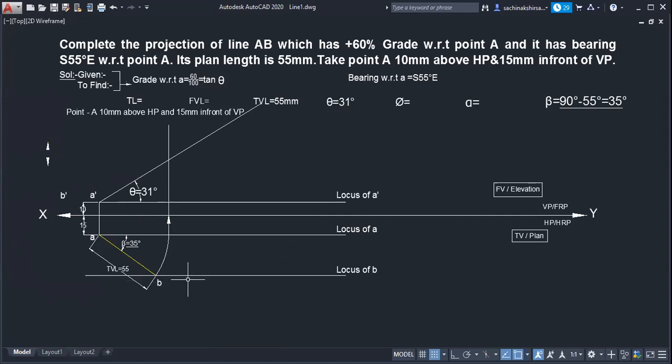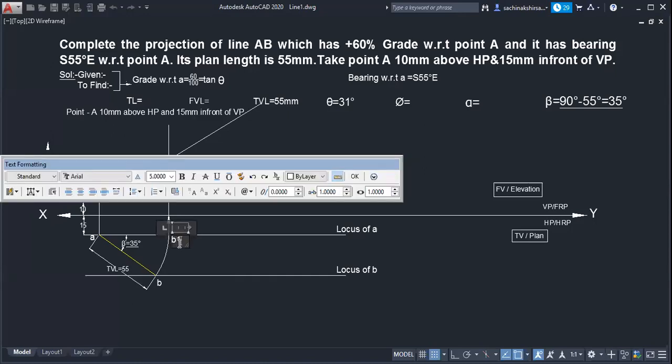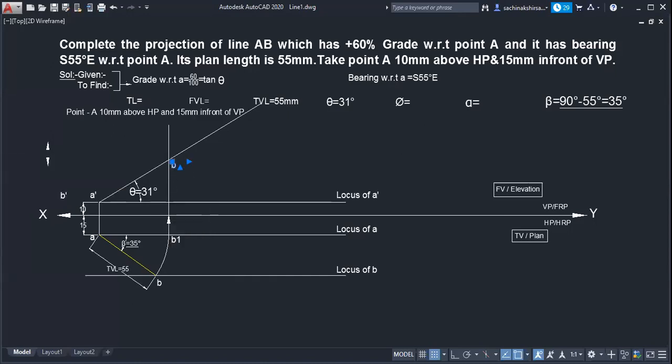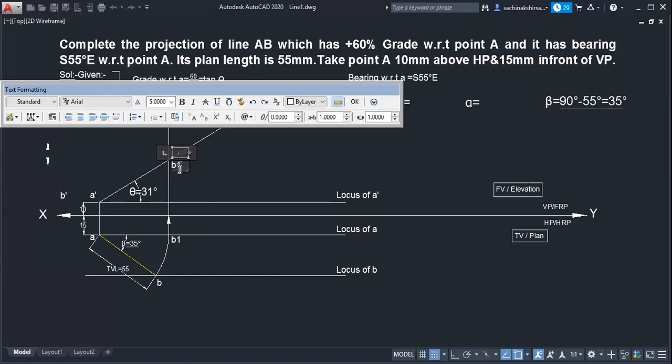So here I will get one point, which gives the true length. I will name it B1, and here one point B1 dash. I will say B1 and B1 dash.